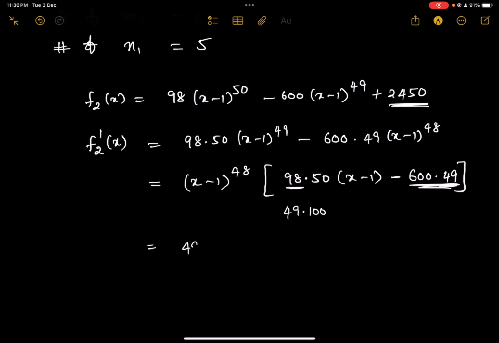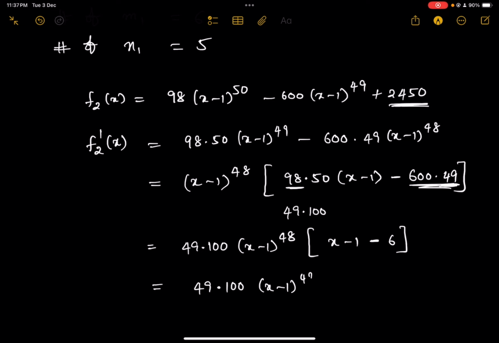So 49 into 100 is common, and (x minus 1) whole power 48, and here 49 came out and 100 came out. So this will be x minus 1 minus here there will be 6. So this will be 49 times 100 times (x minus 1) whole power 48 times (x minus 7).